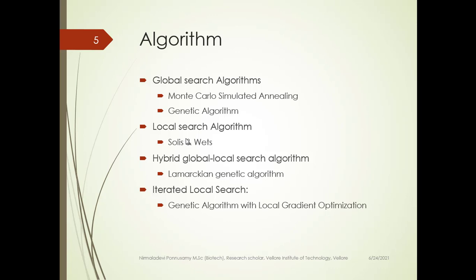In the search algorithm, there are a lot of algorithms. Mainly, I categorized four types: the global search algorithm, the local search algorithm, the hybrid global and local search algorithm, and iterated local search. The global search algorithm contains what is called simulated annealing, SA.